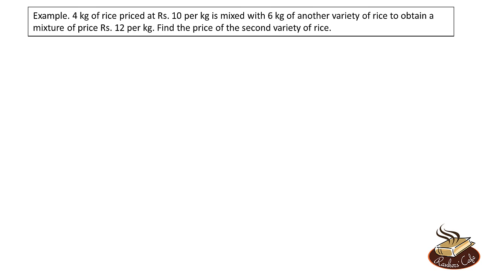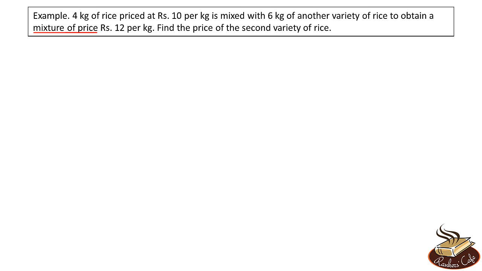4 kg of rice priced at rupees 10 per kg is mixed with 6 kg of another variety of rice to obtain a mixture of price rupees 12 per kg. Find the price of the second variety of rice. Now here 4 kg of rice means N1 is given as 4, priced at rupees 10 per kg means A1 is 10, mixed with another variety of 6 kg, which means N2 is 6, but we don't know A2.